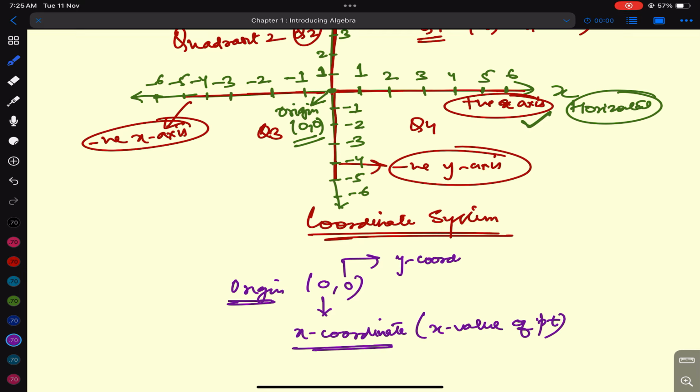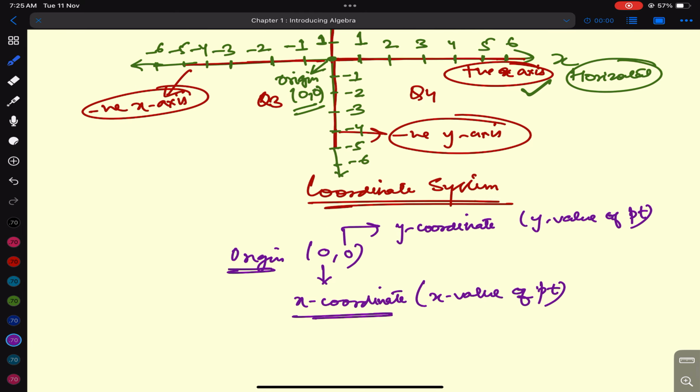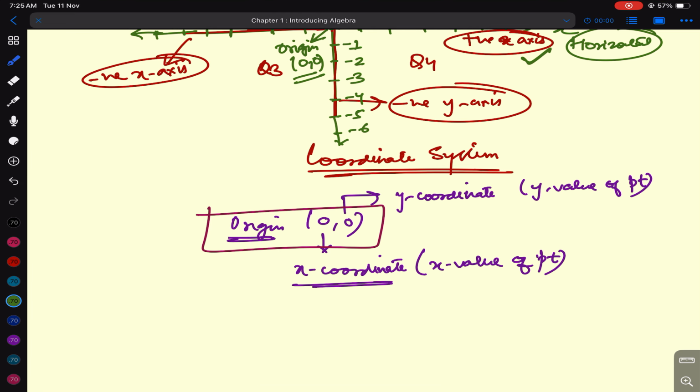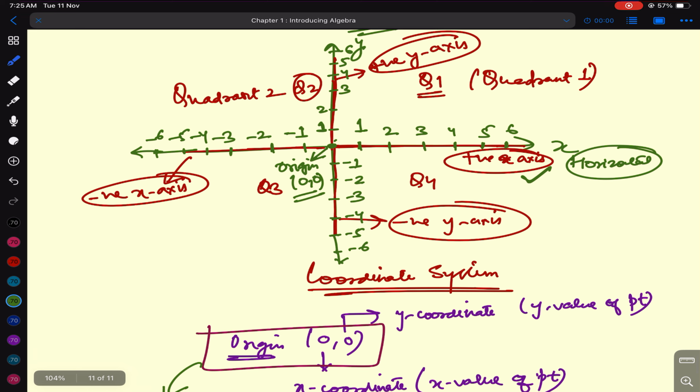We also call that the y ordinate and the y value of the point. I've also labeled this point as a part of the coordinate system. Clear? Now that point corresponds to the intersection point of both the axes.